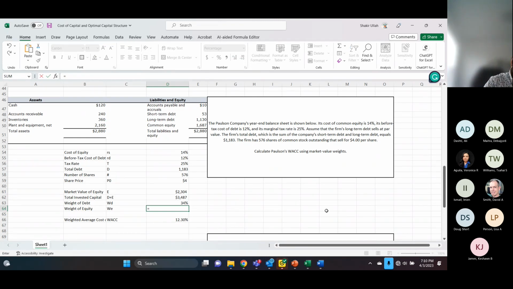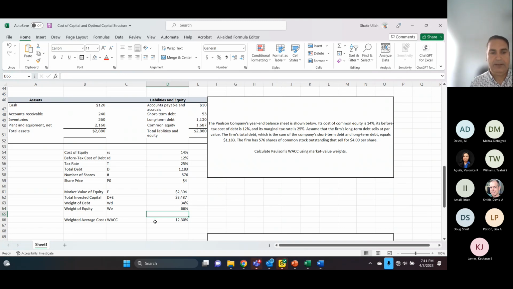So you can also do it like 100% minus the weight of debt, and that will also give you 66%. So that is another way: if one weight is given, the other can be easily calculated by doing 100% minus the known weight.